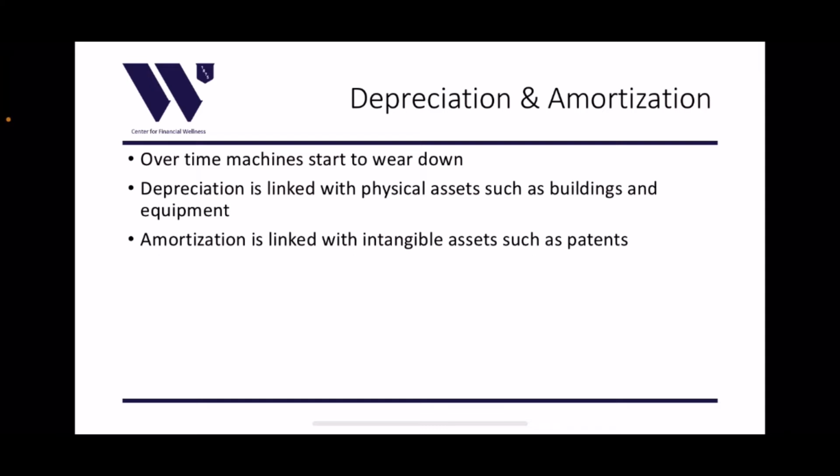When we have a patent for some sort of technology within our business, over time there'll be new technology, new cutting edge things that come out, that could potentially make our patent not worth as much. So over a set time period, we can decrease the value in our books for those intangible assets.